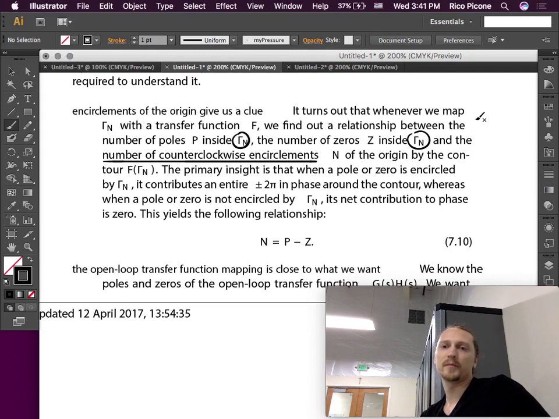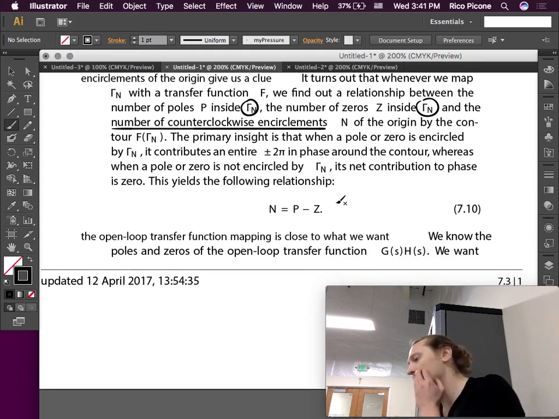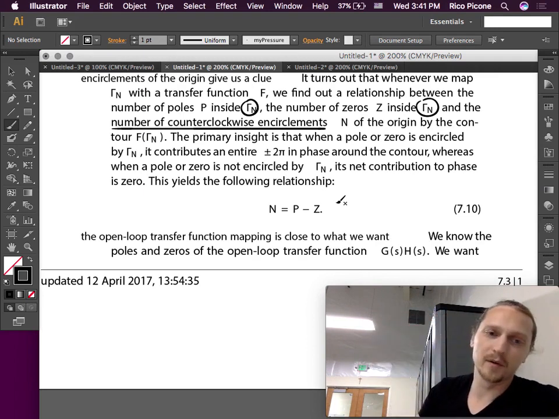Okay? So that's a simple relationship. And this relationship is going to become a very important relationship after a few more insights. It doesn't mean a lot to us now, but it's going to become very important.